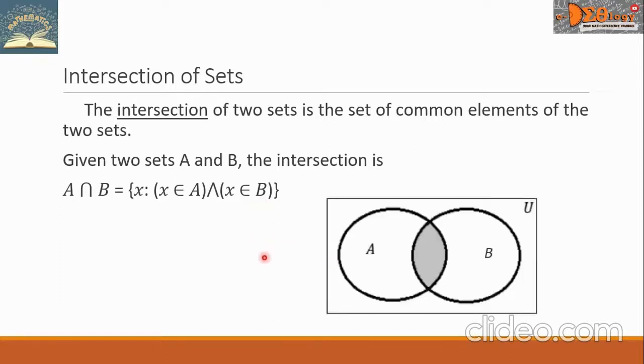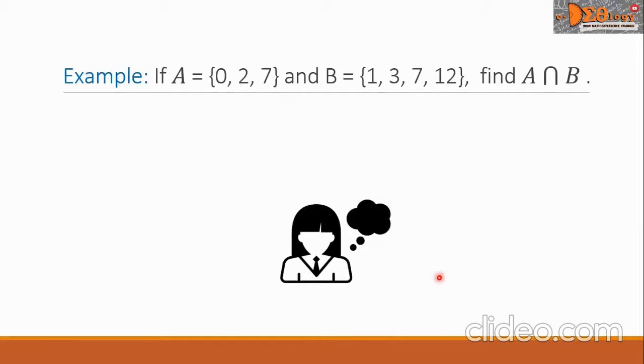Using a Venn diagram, this is our illustration. We have the set A and set B, and we say that the A intersect B is this shaded part. Let us see this example.